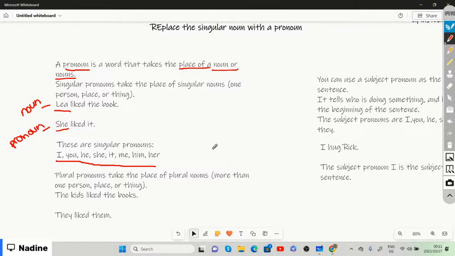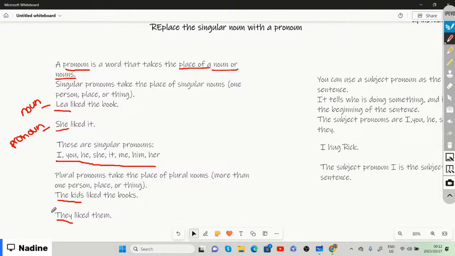For example, the kids liked the books. Our noun is the kids, and the pronoun is they.